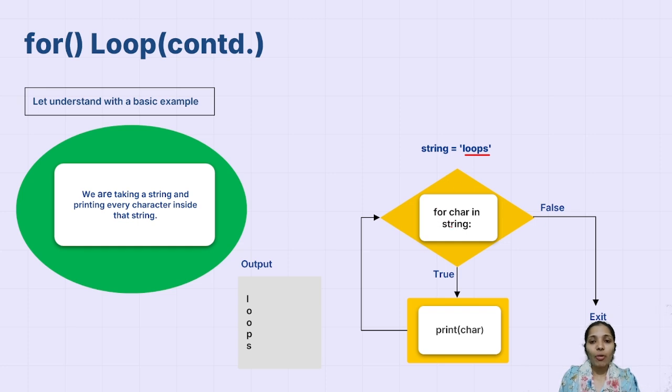I write for char in string, using my for loop. Whatever characters are there in this string, I want to print them one by one. If I print char, you can see the output: LOOPS. Every character in my string variable is printed using a for loop.